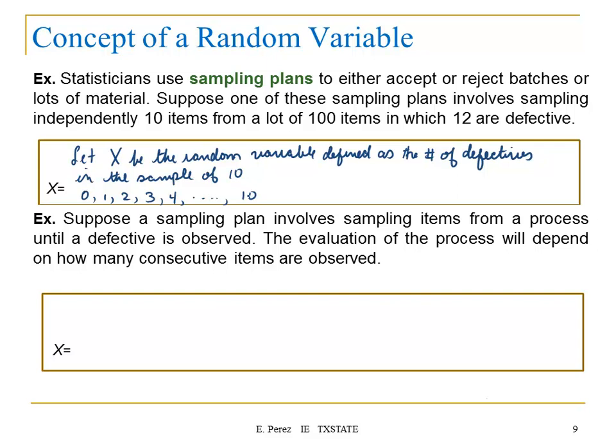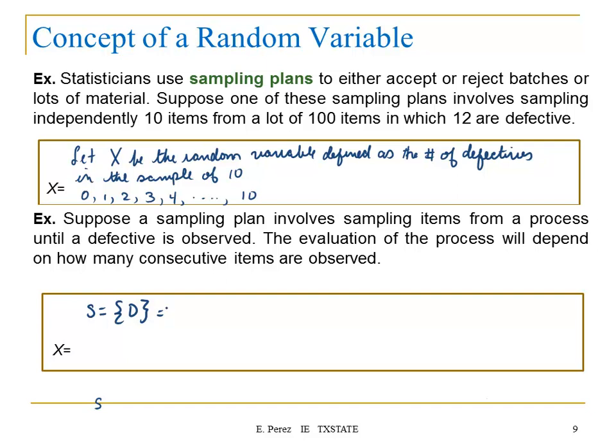Okay? So now from a different point of view, we are defining a different random variable. Suppose a sampling plan involves sampling items until you get a defective. So the evaluation of the process will depend on how many consecutive items are observed. So for this one, let's say you sample one item and that one is defective.